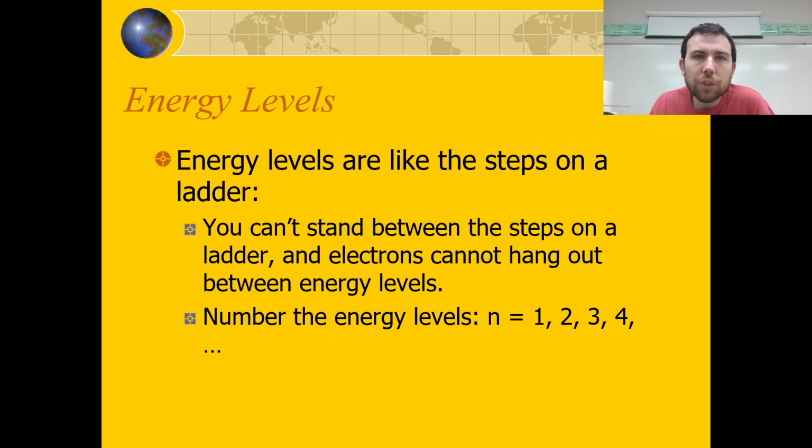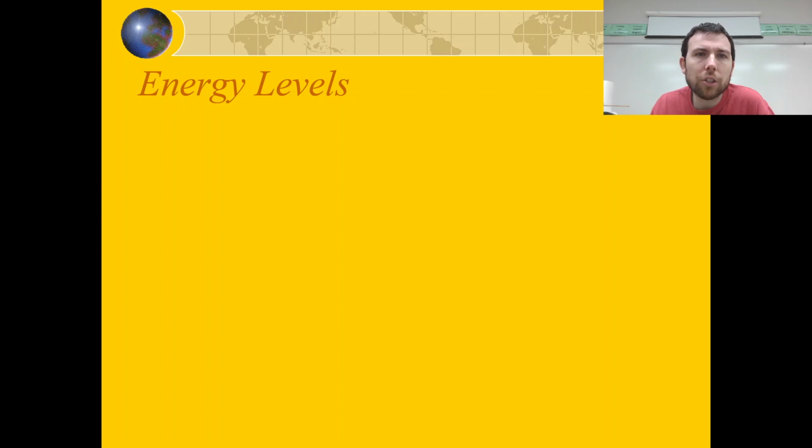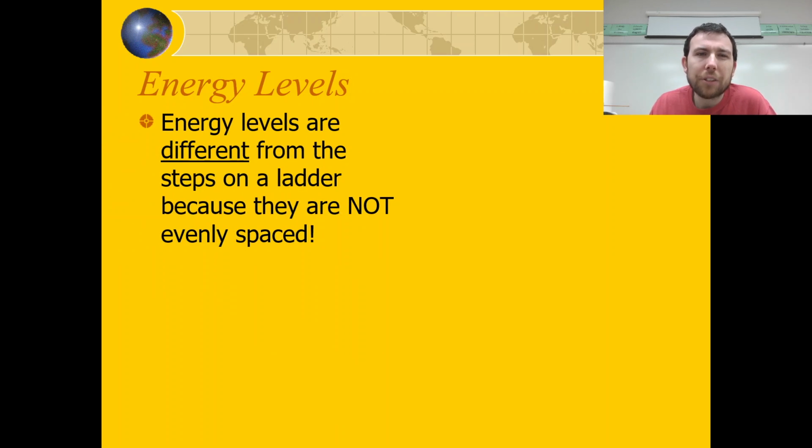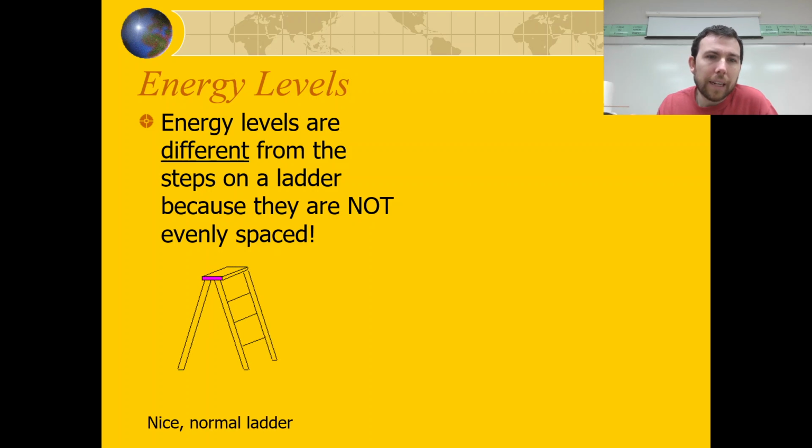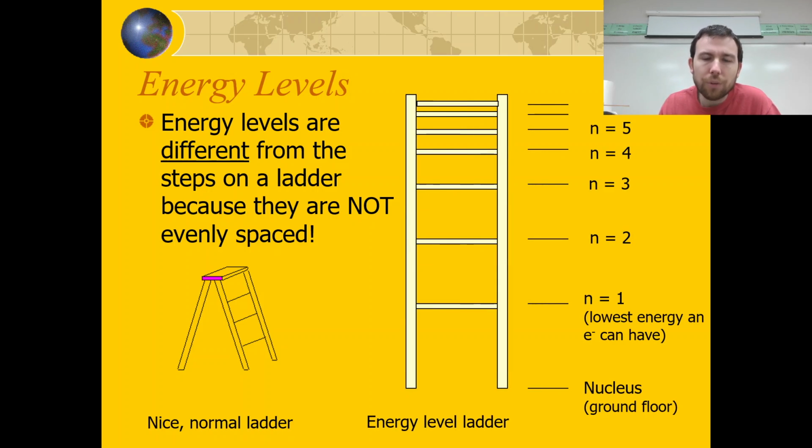Now, the ladder analogy is not a perfect example, because when we start talking about energy levels, they're different from the steps on a ladder, because most ladders, the steps are evenly spaced. Like if you're using a nice normal ladder, that's what you would expect. But when we start to look at these energy levels, what we start to see is that the rungs start off farther and farther apart, but then they get closer and closer together.